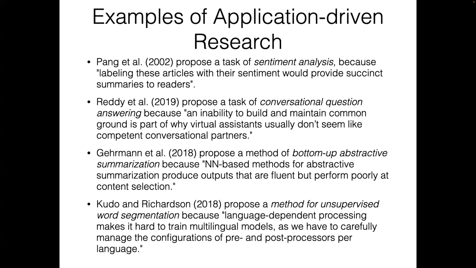And they said that it was because language-dependent processing makes it hard to train multilingual models, as we have to manage the configurations of pre and post processors per language. So at the time, to make a multilingual model, there was complexity involved. And so they chose this research direction and then ultimately came up with a method which solves a really big subproblem at the time.